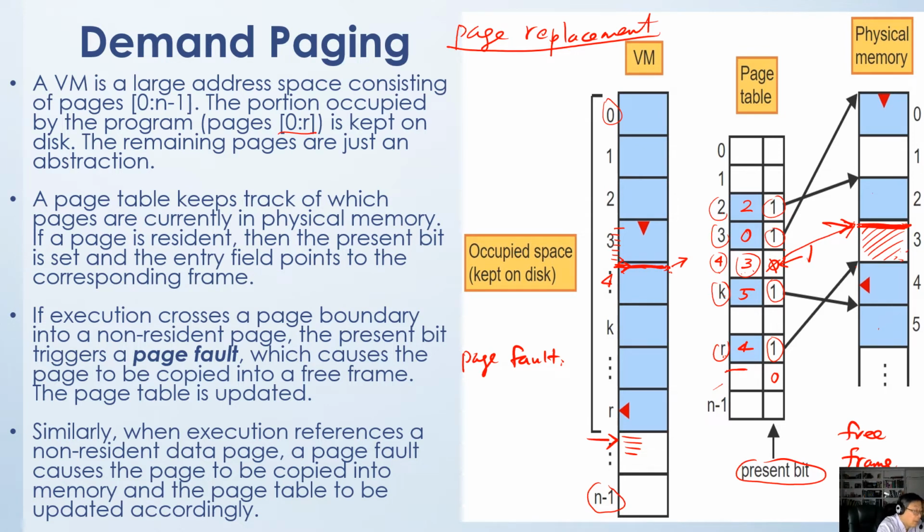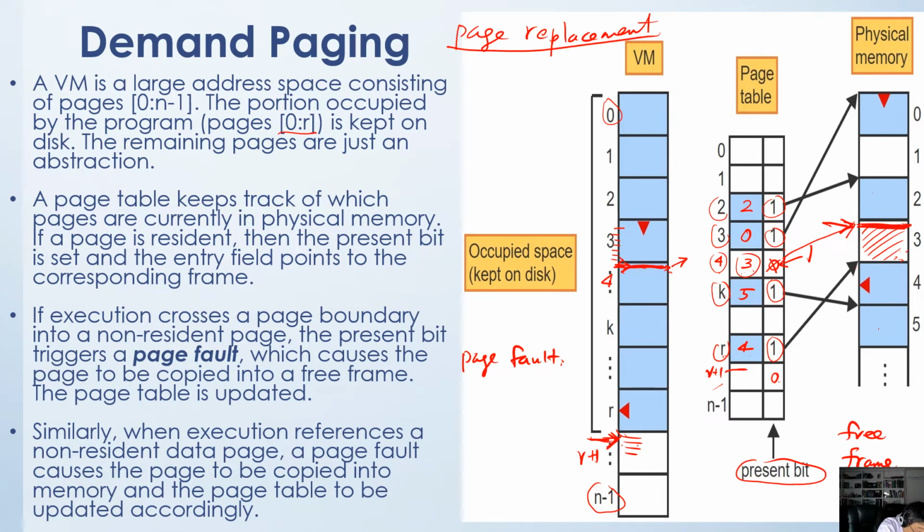We kick the page in the memory out, and then load this page into the physical memory, and we update the page table. So what we're going to do is, for example, page r+1 is called, and r+1 is not in the physical memory, right?